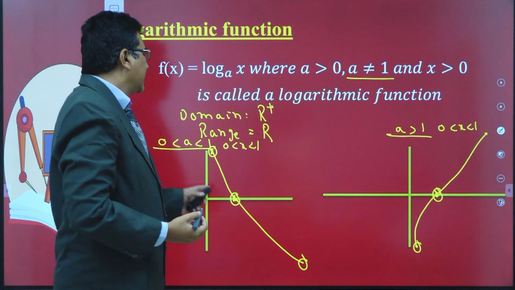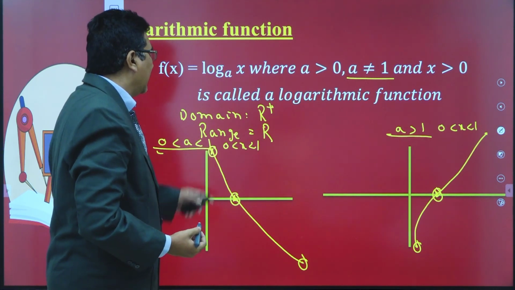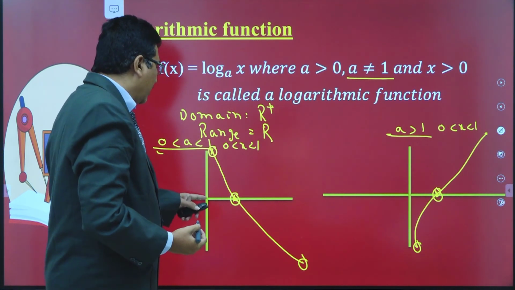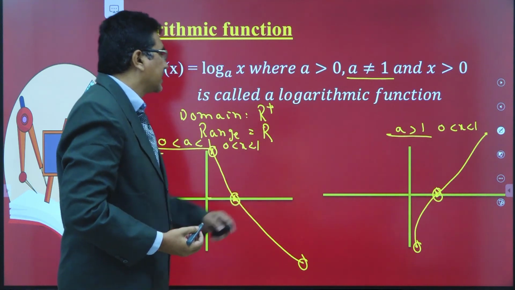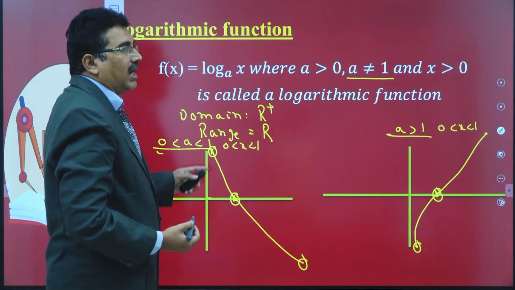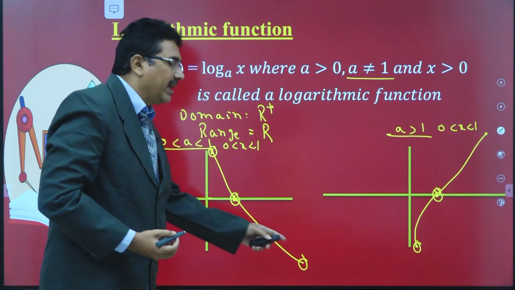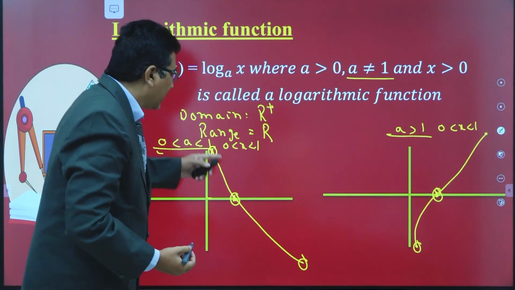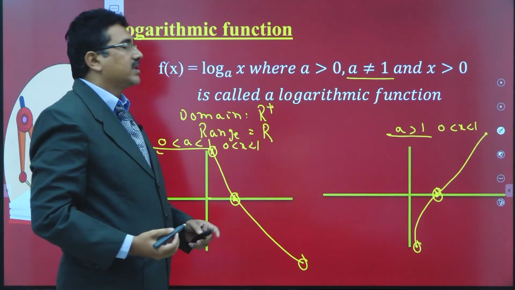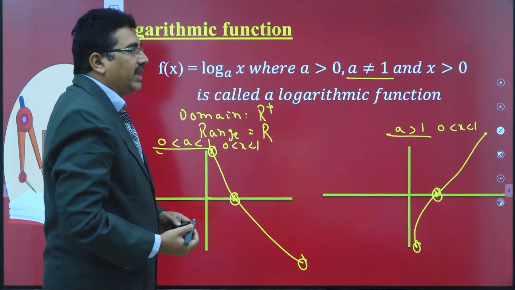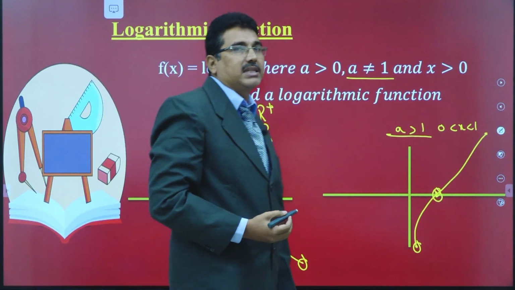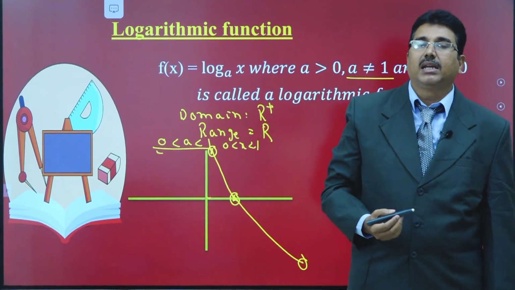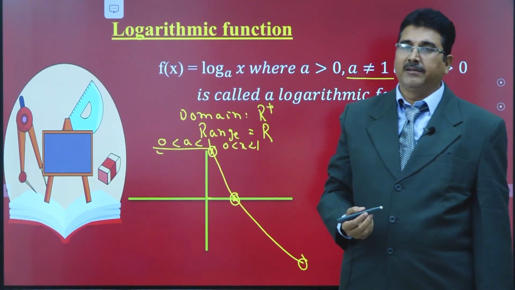Particularly in the case 0 less than a less than 1, if the values of x increase, then log x base a decreases. So for a between 0 and 1, the logarithmic function is a decreasing function.